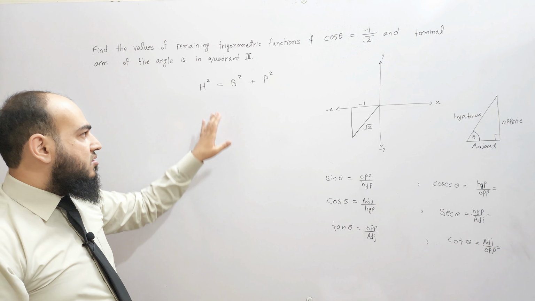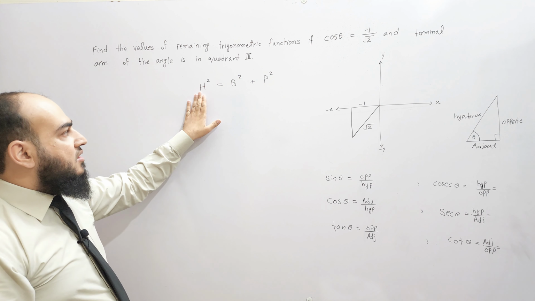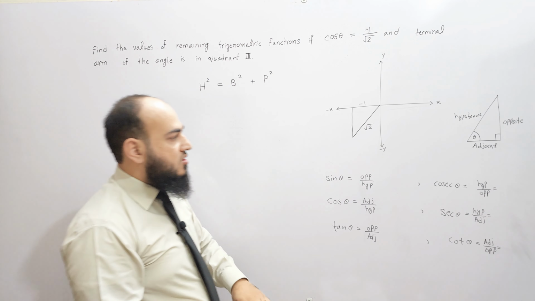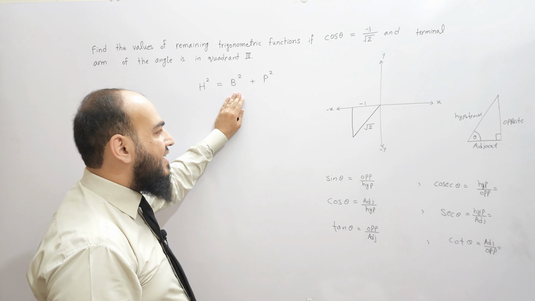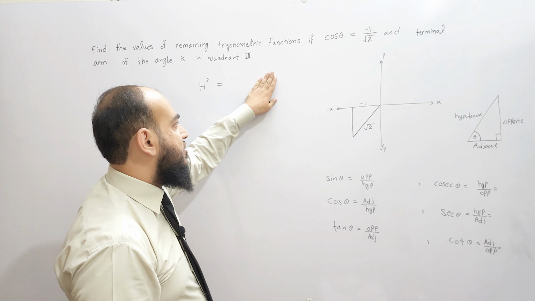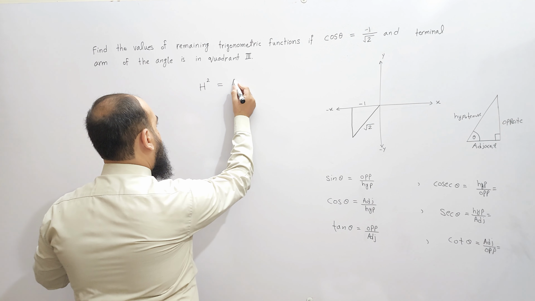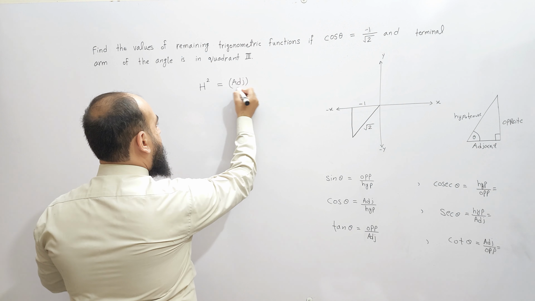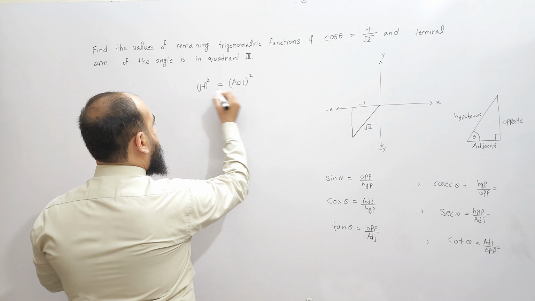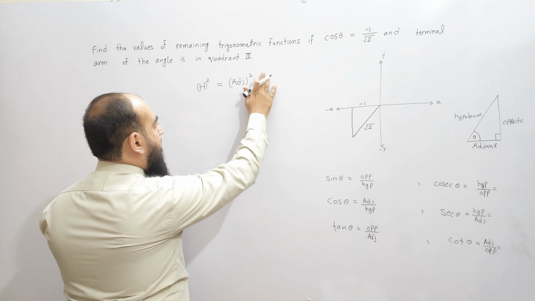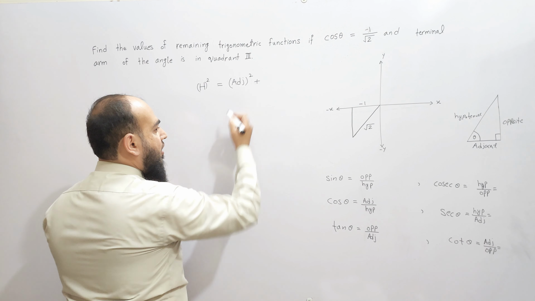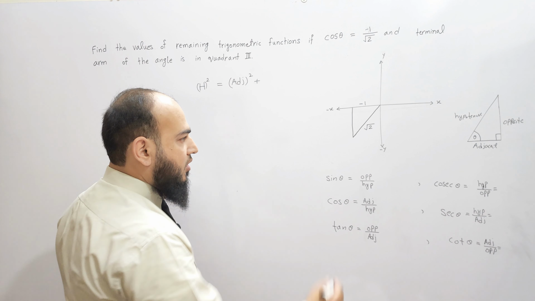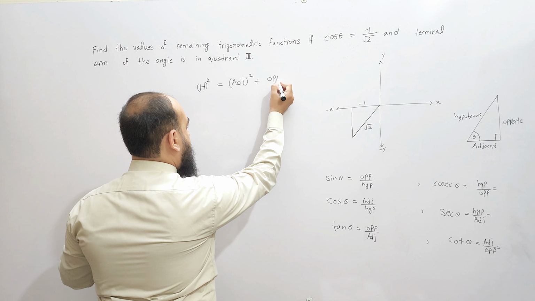Okay, hypotenuse square is equal to base, base means adjacent, adjacent square, plus opposite side square.